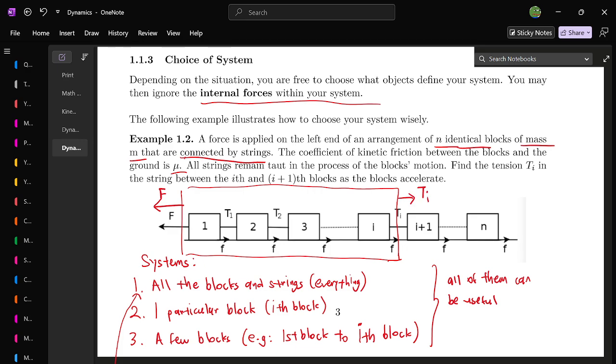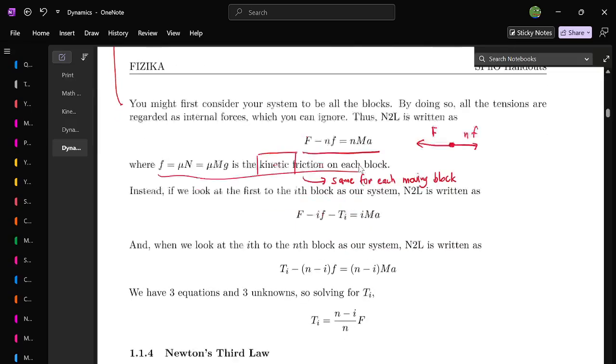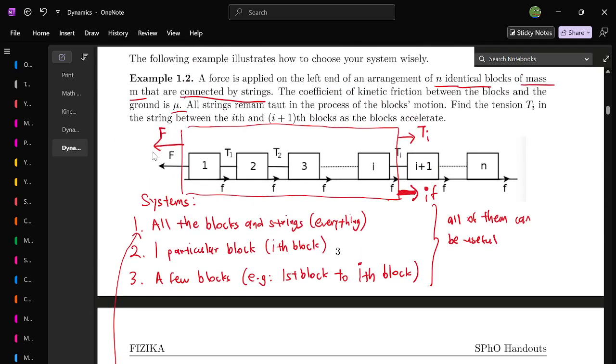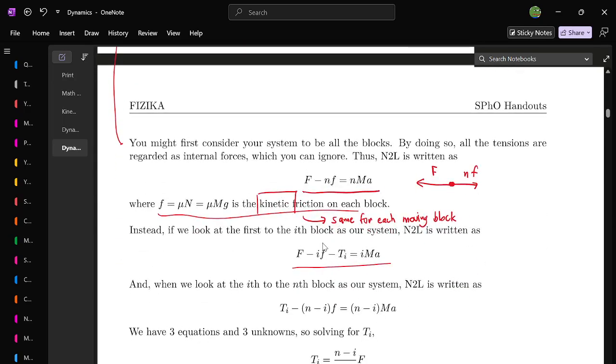There's also a tension Ti here, and then there's the net friction force here. So you get another equation by considering a different system and the forces that act on it. Again, all the tensions are ignored because they are internal forces within this system of choice. With the forces F, Ti, and the friction, you get another equation using Newton's second law.